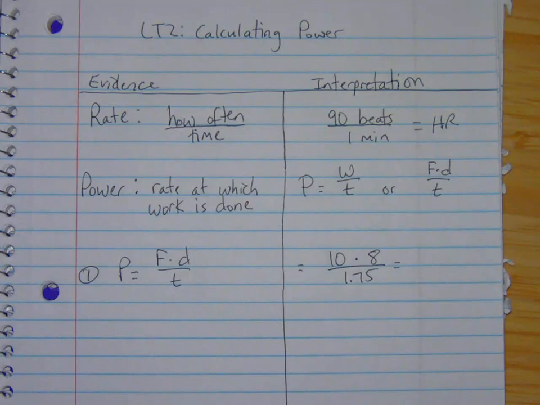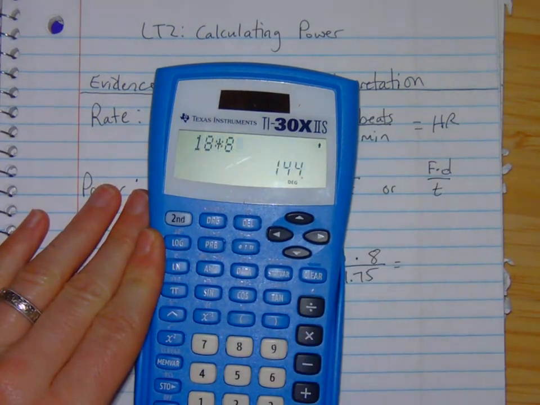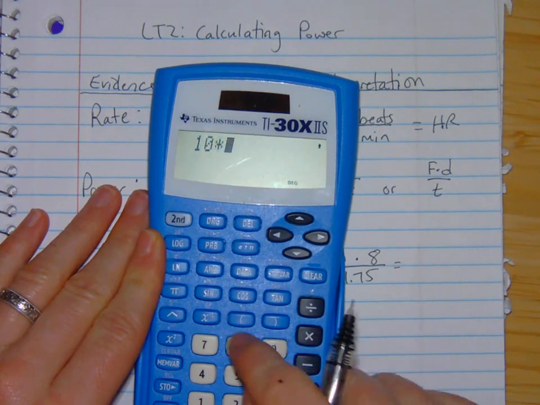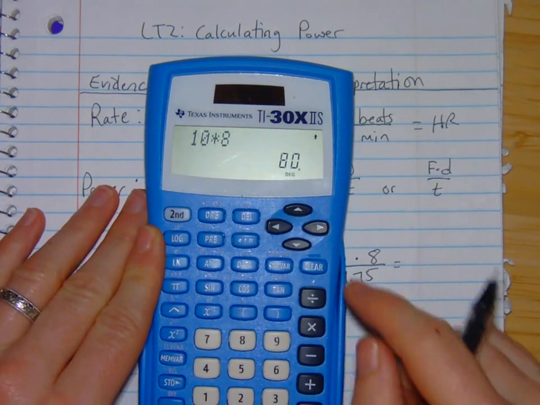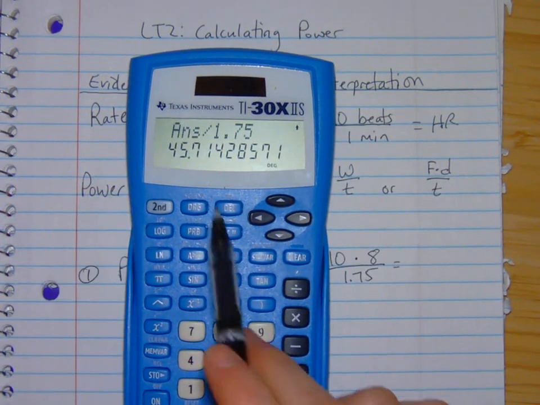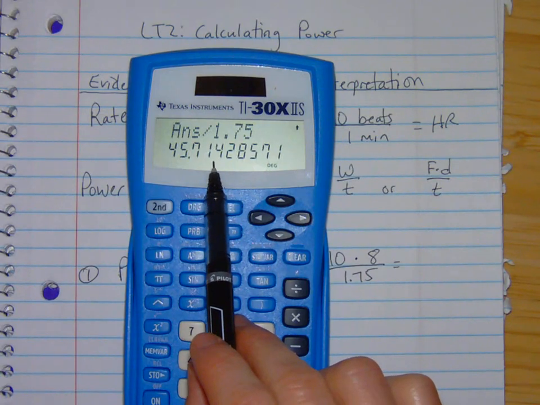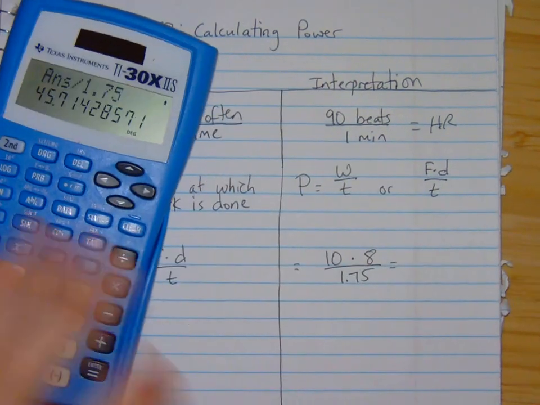There's my calculator. So we're going to go 10 multiplied by 8 divided by 1.75. We're going to round to the tenth. So it's going to be 45.7, because this one says we do not round the 7 up.